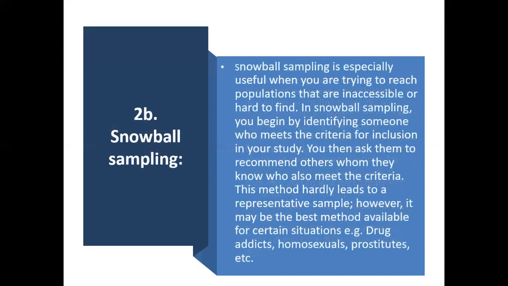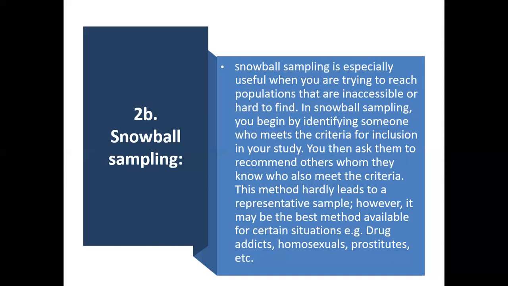Number two, snowball sampling. Snowball sampling is especially useful when you are trying to research populations that are inaccessible or hard to find. So you focus on finding one, then this one person will enable you to reach others and so on. So the snowball will increase in size.